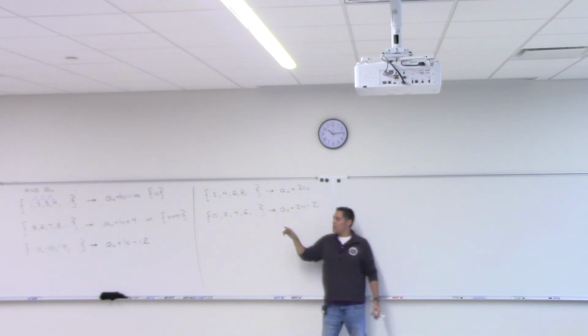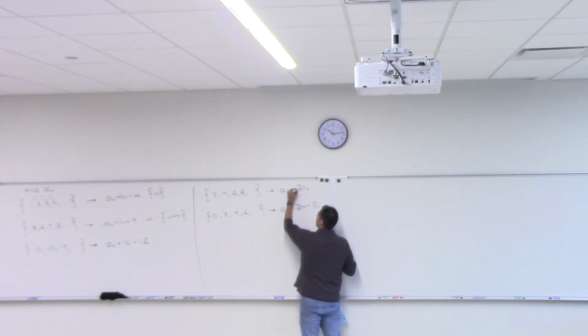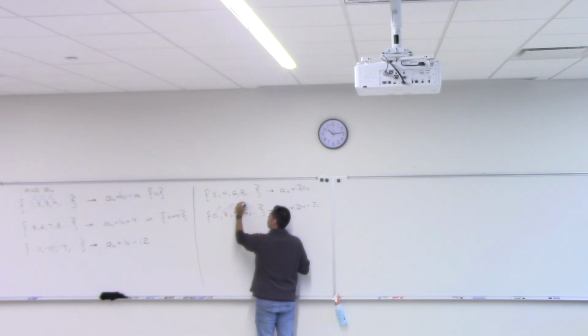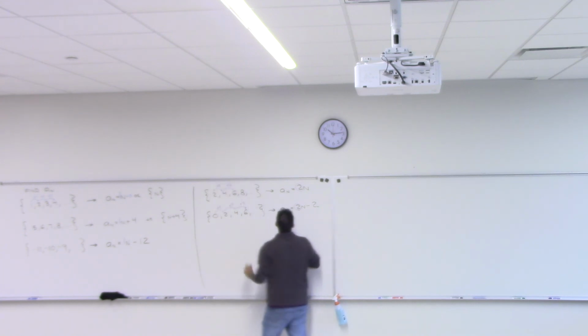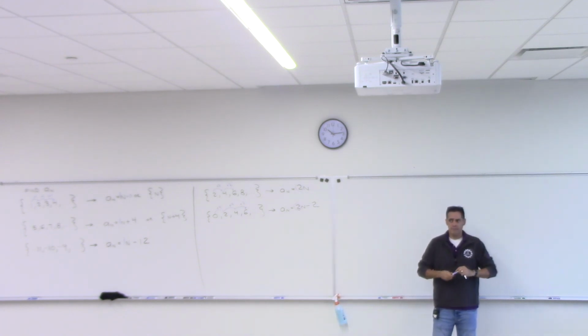And then you keep going. See, the thing here is like the 1 was over there, right? This right here is how much you're jumping by. Plus 2, plus 2, plus 2, right? Same thing here, plus 2, plus 2. And then the number on the outside is where you're going to start from. Yeah?